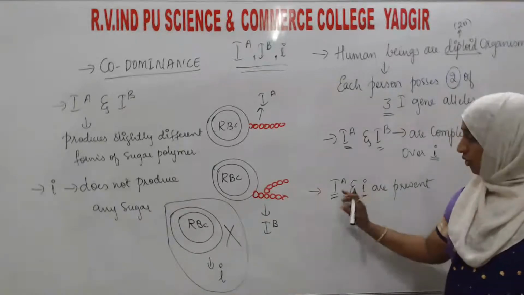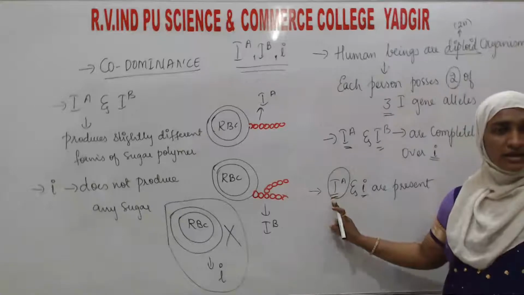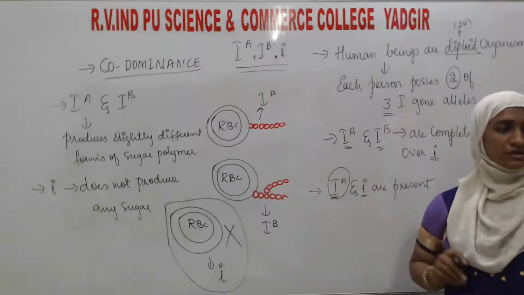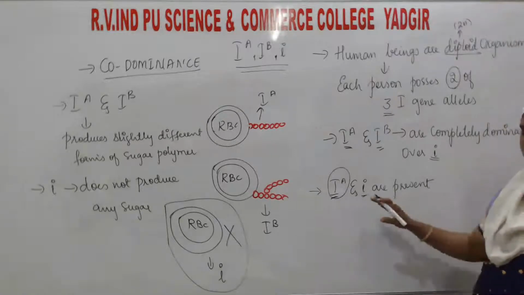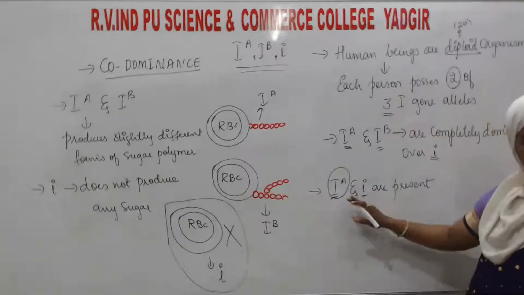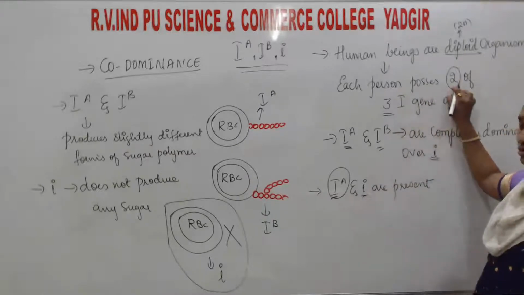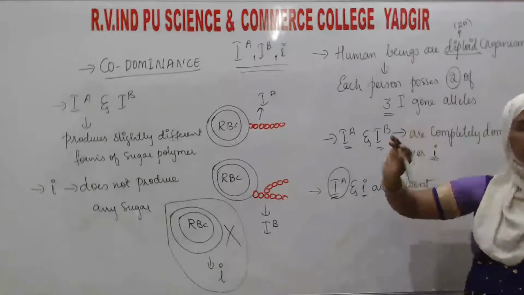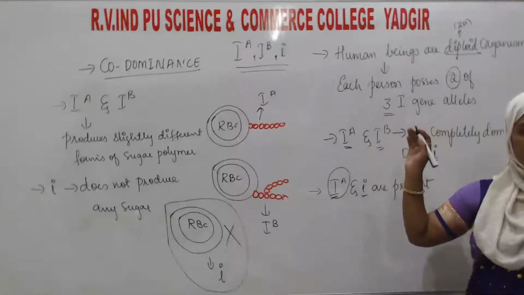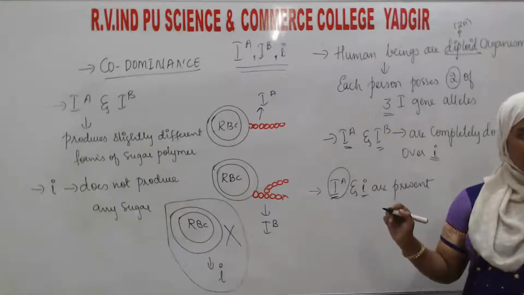Only IA will express because IA is the dominant gene. As I told you, it possesses two genes. A single gene will not be there because they are diploid. Two genes will be present, IA and i.